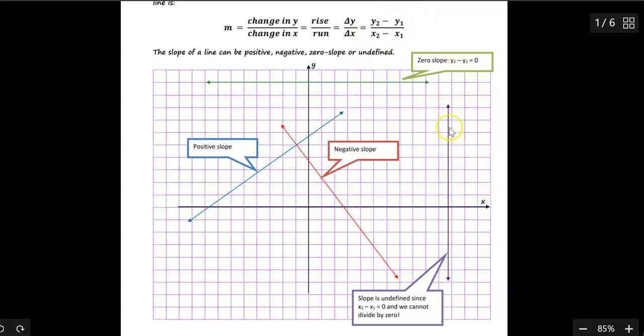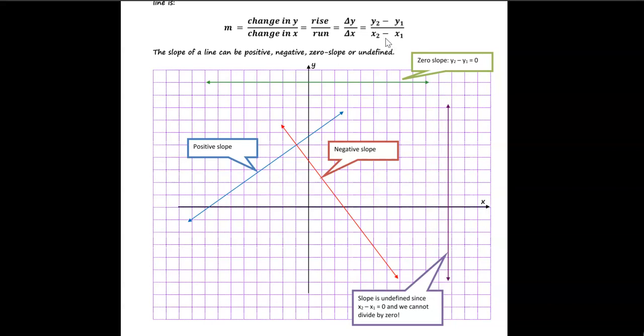But take a look at this vertical line. On this vertical line, you share the same values for x all the way through. This is the value for x on the x-axis, because you cut the x-axis at only this one point. So x2 minus x1 will give you 0. If you substitute into the equation, you will have 0 as a denominator, and 0 as a denominator means undefined.